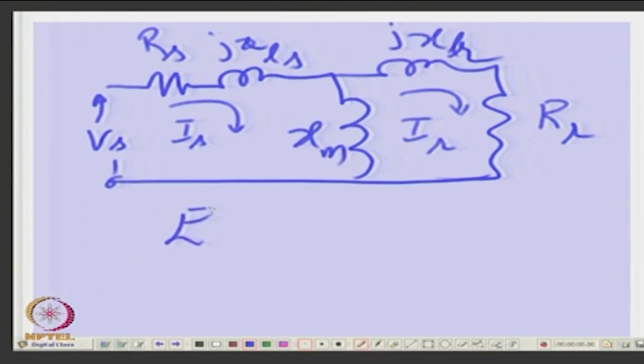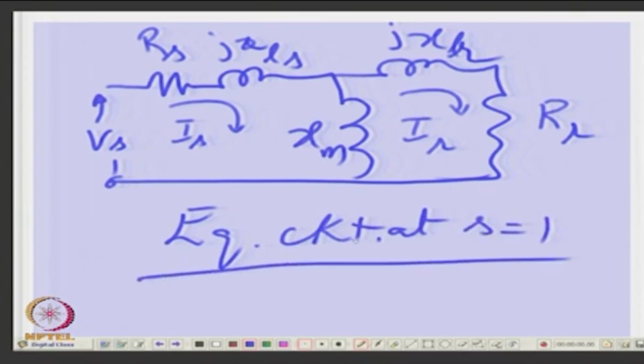This is the equivalent circuit at S equal to 1. I think it is very obvious and you all know about it. Is it clear? So, you hold the rotor, and this can be represented by this equivalent circuit, where all the parameters are known to you.